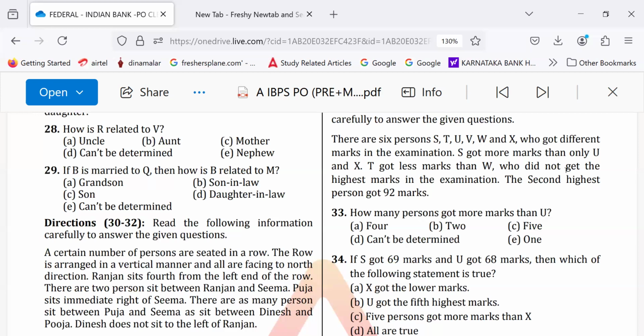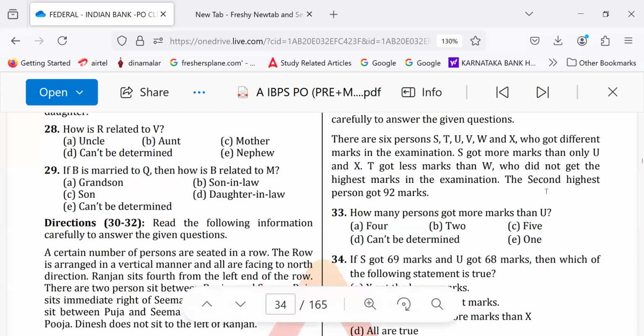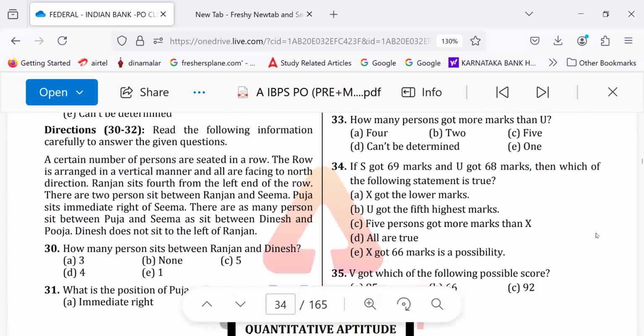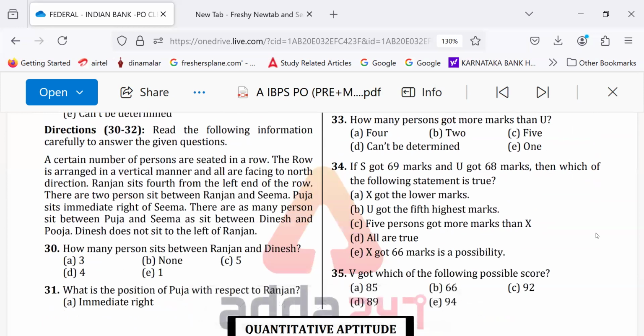S got more marks than U and X. T got less than W. What is the answer for this?